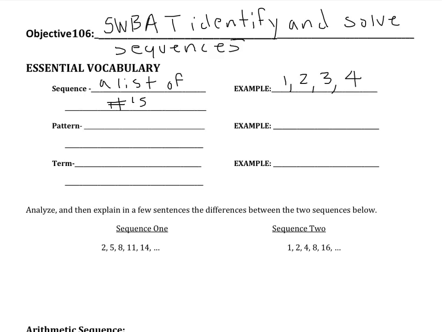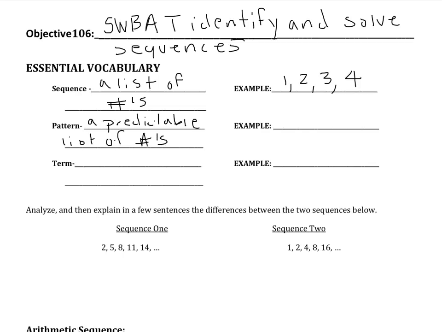The second word we want to define is a pattern. A pattern is a predictable list of numbers. A predictable list of numbers.